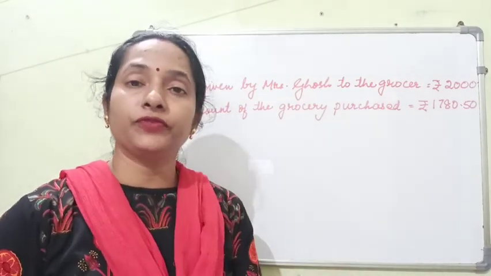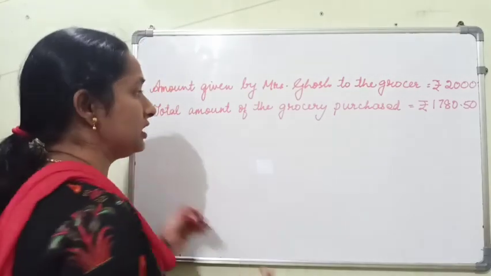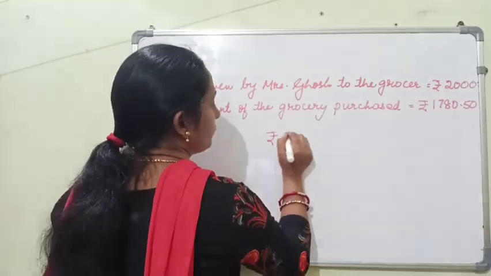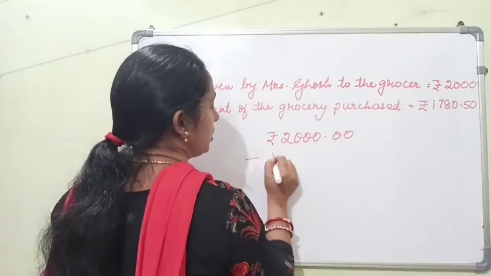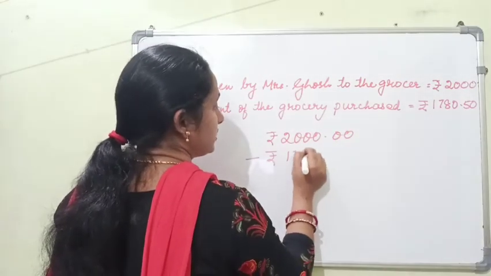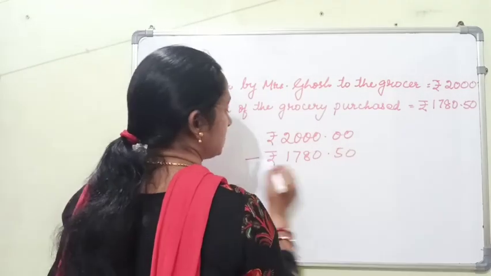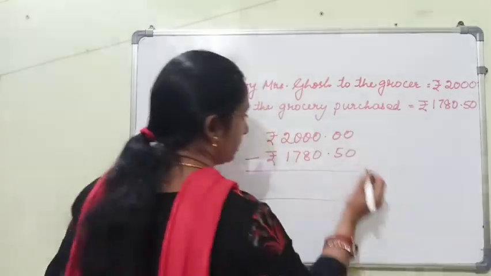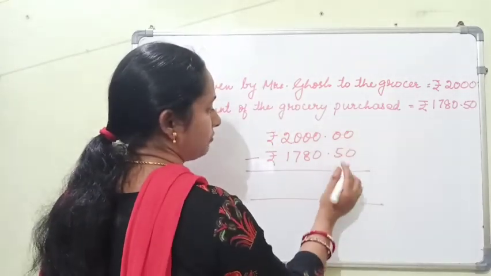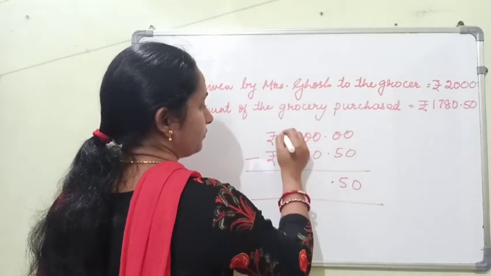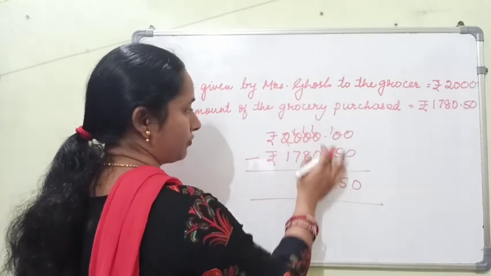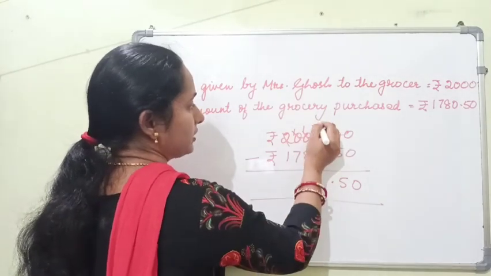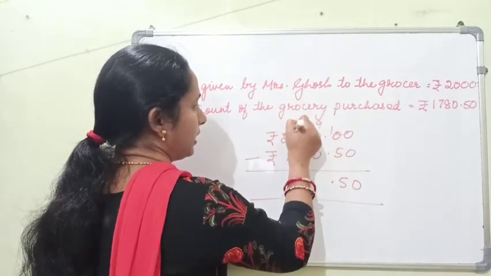Now the amount that the grocer has to return is rupees 2000 0 paise minus rupees 1780 rupees 50 paise. Now subtract them. By subtracting you get 10 minus 5 is 5. Borrow it. Okay, you need to borrow. Same procedure you have to follow. Now what is remained here? 9, 9, 9, 1.